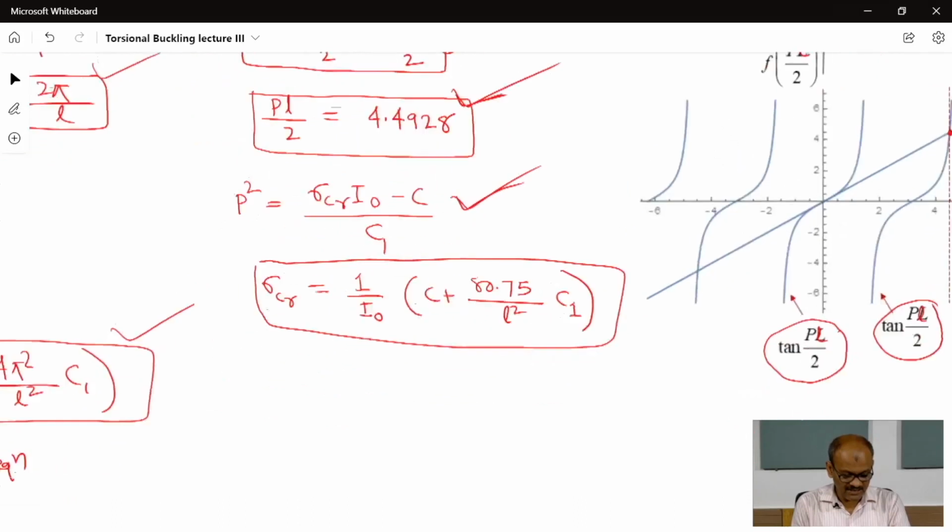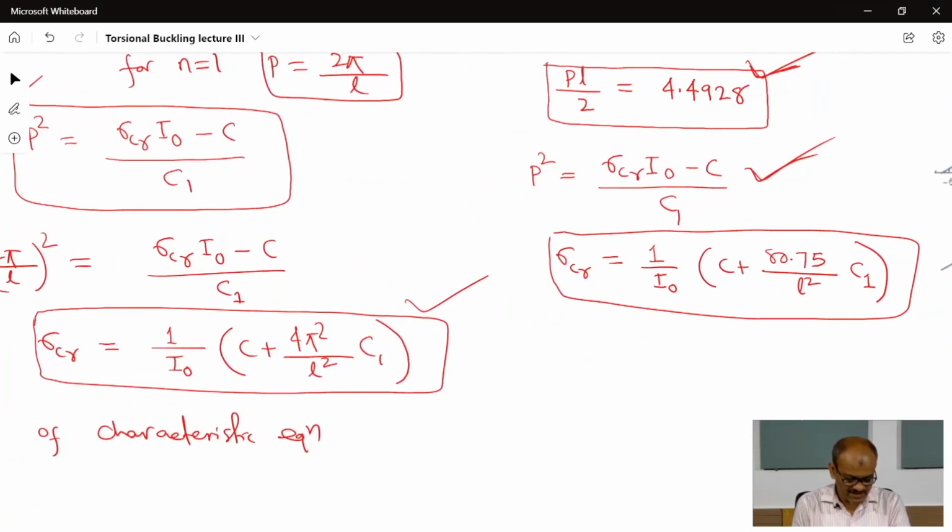Let us analyze these two results. One is sigma CR is equal to 1 by I naught C plus 4 pi square by L square C1, another is 1 by I naught C plus 80.75 by L square into C1, and this is the antisymmetric mode of buckling.